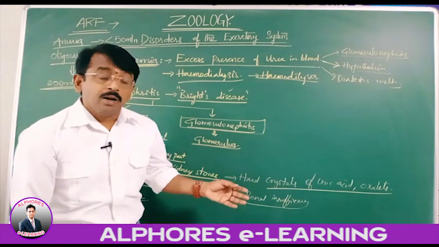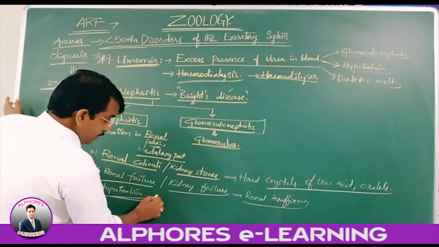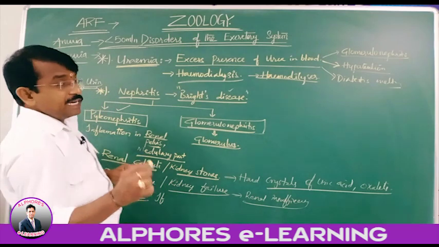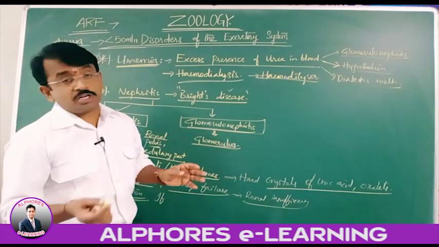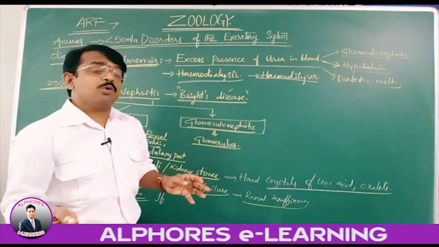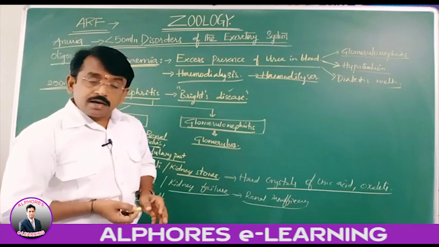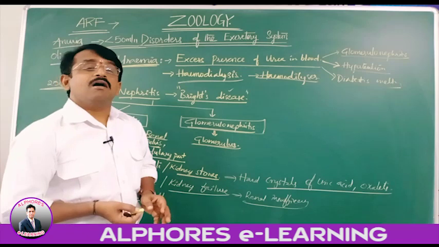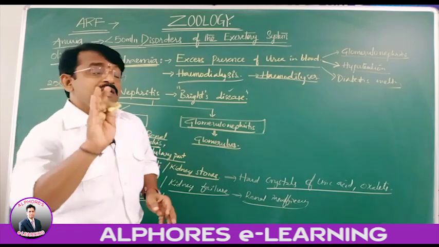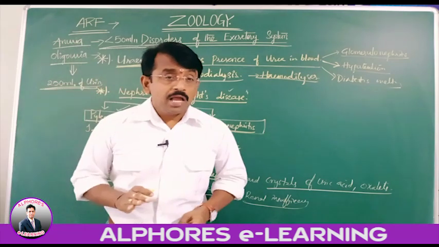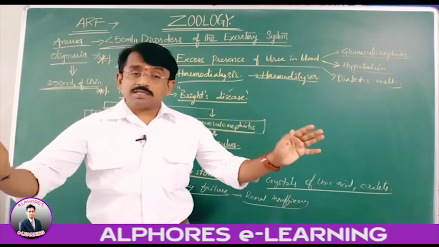Why? Because the kidney function involves the secretion of renin. What is the role played by renin? Juxtaglomerular cells release renin. Renin is an enzyme but acts as a hormone.